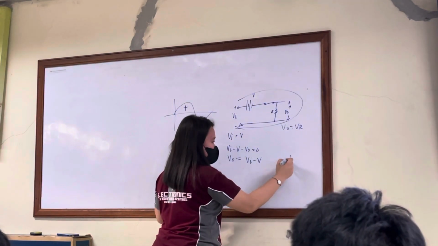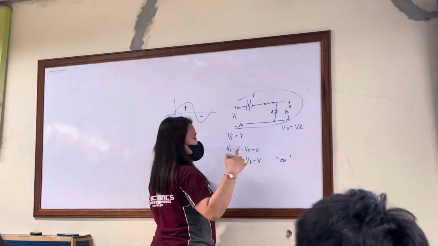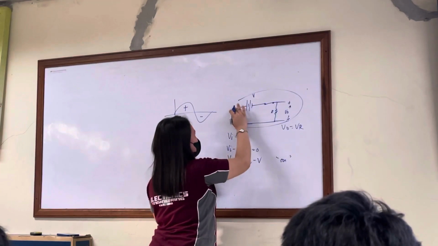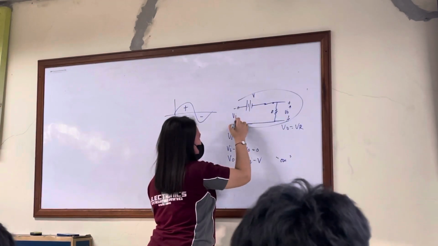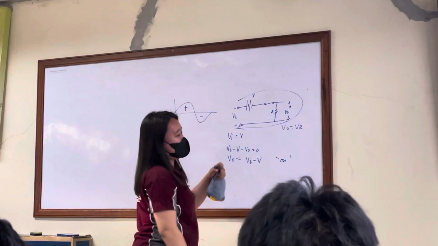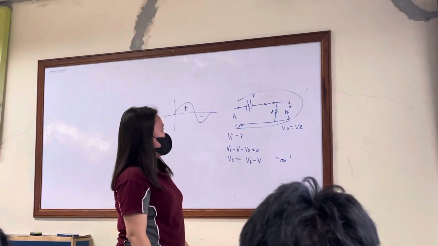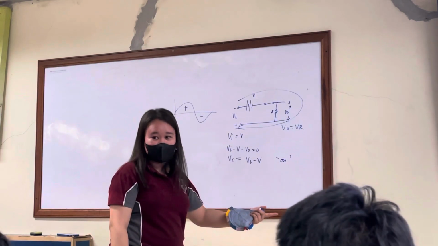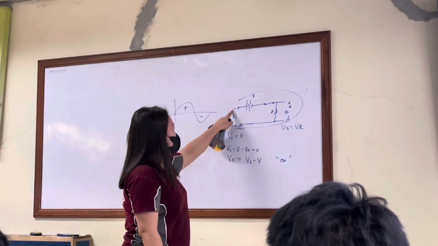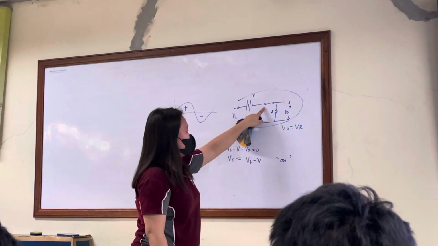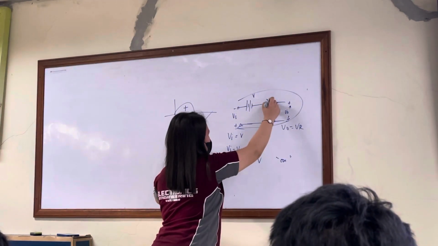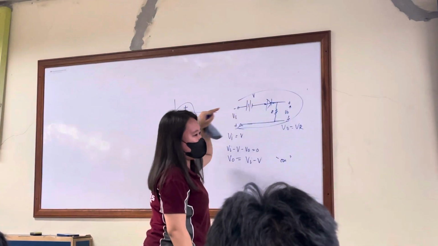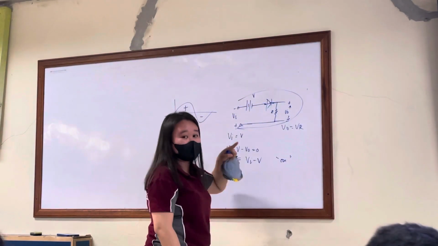That's for on. How about off? At the negative half cycle, the diode is in reverse bias condition, therefore there is no current, therefore there is no output voltage.